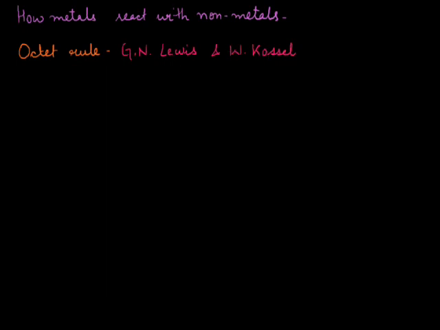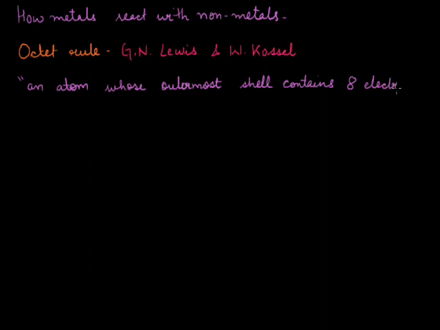According to this rule, an atom whose outermost shell contains 8 electrons, or an octet, is stable.